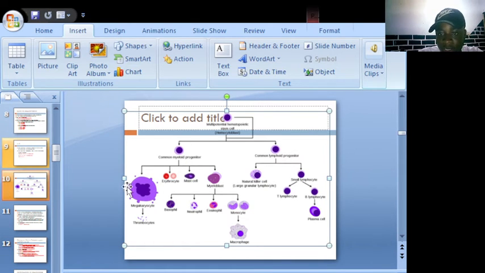Now from the common myeloid we can get the erythrocyte, which is the red blood cells. We can get the myeloblast, which would then differentiate into the mature cells. So we have the basophils, neutrophils, eosinophils, and monocytes. These are mature cells, and they are all coming from the common myeloid progenitor cells.